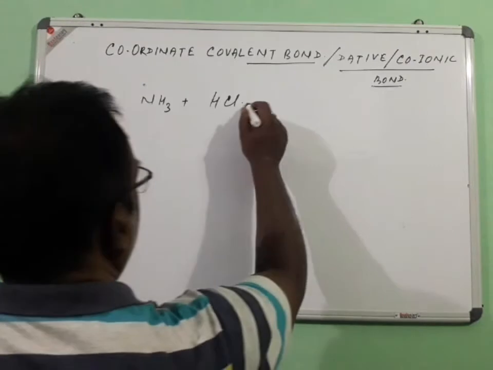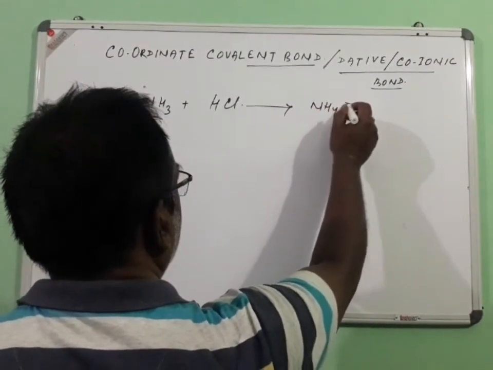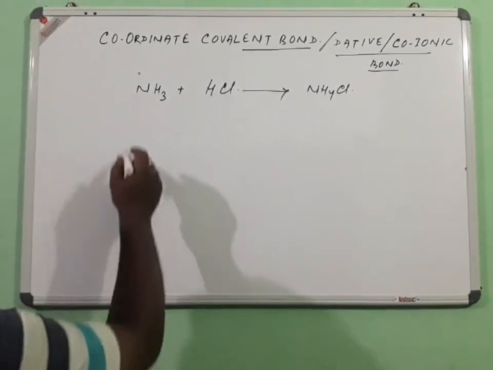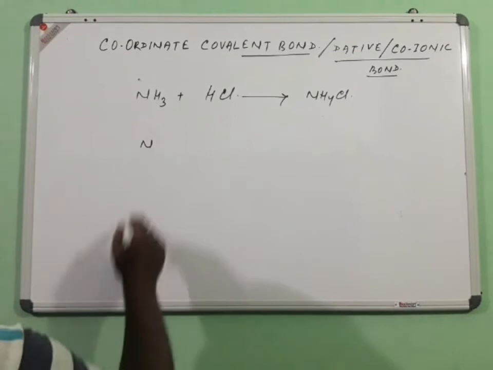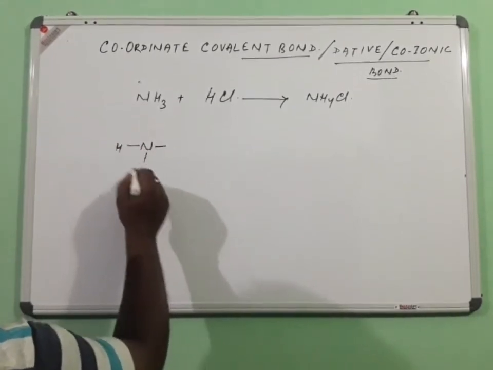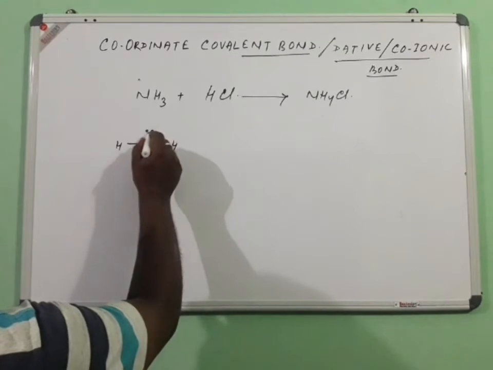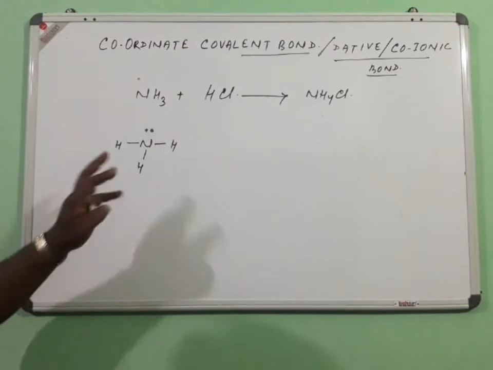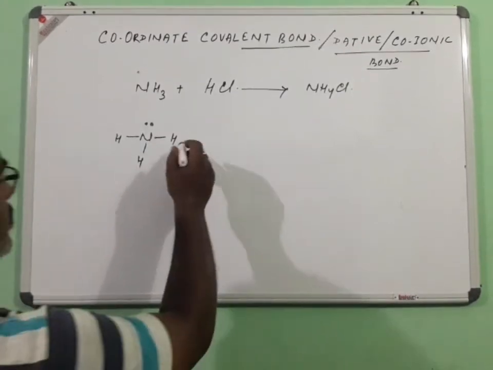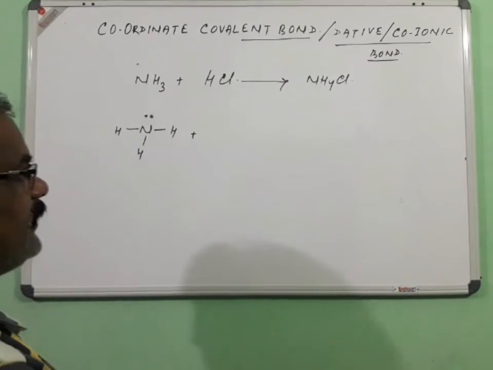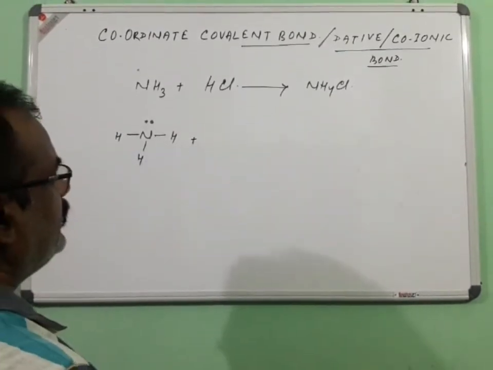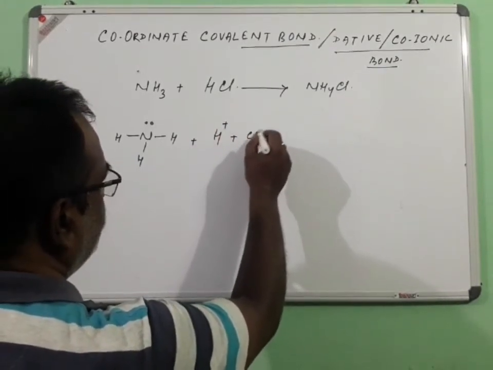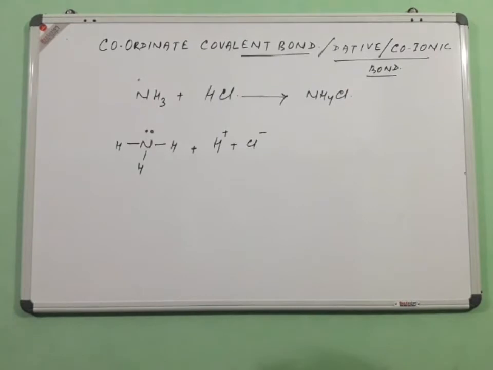So what will be the product? The product formed is ammonium chloride. But what is the mechanism behind the formation of this ammonium chloride? Take nitrogen, which already combines with three hydrogen atoms, leaving one lone pair of electrons. Hydrogen chloride, being polar covalent, breaks and forms a hydrogen ion and a chloride ion.